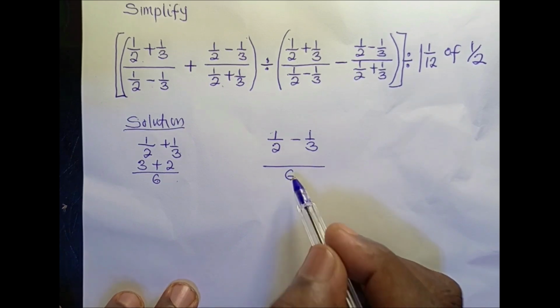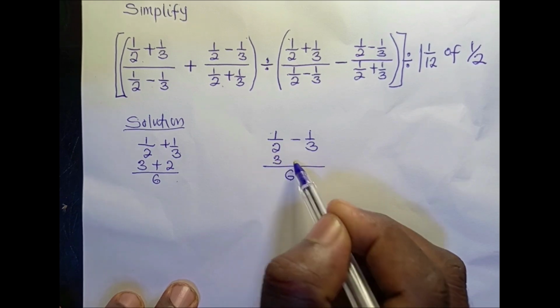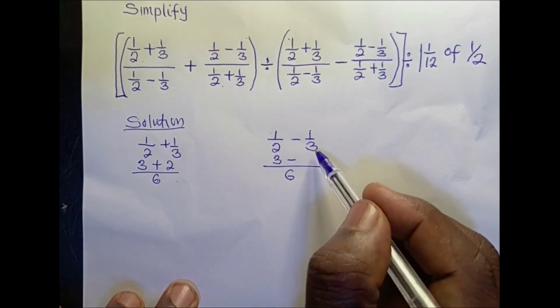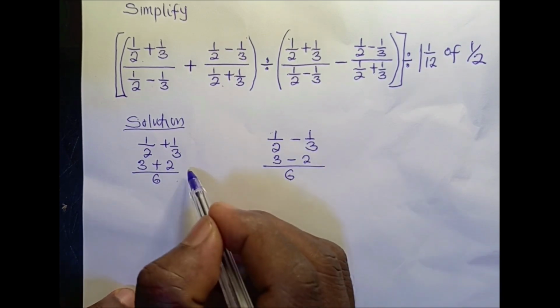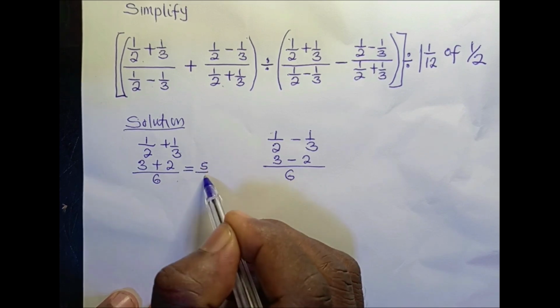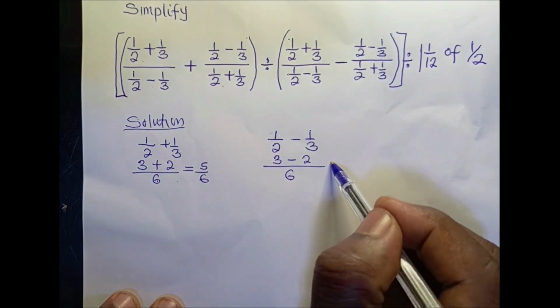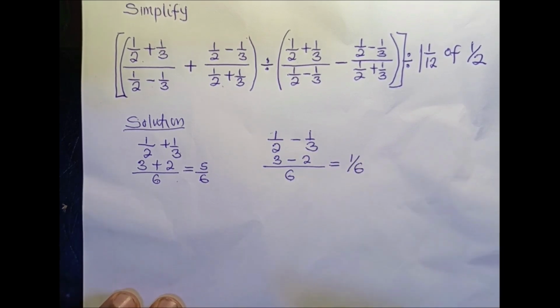So 6 divided by 2 gives us 3. 3 times 1 gives us 3, minus 6 divided by 3 gives us 2. 2 times 1 gives us what? 2. So the answer this provides is 5 over 6. Here, the answer is 1 over 6.